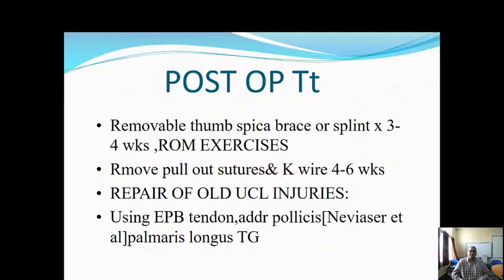Post-op treatment is a removable thumb spica brace for 3 to 4 weeks, followed by range of motion exercises. Remove the pull-out stress sutures and K-wire by 4 to 6 weeks. Old ulnar collateral ligament injuries can be repaired using EPB, extensor pollicis brevis, adductor pollicis, or palmaris longus.